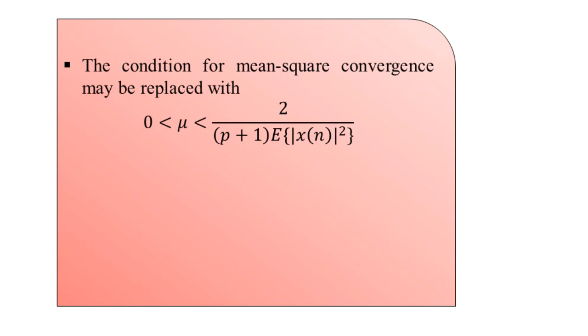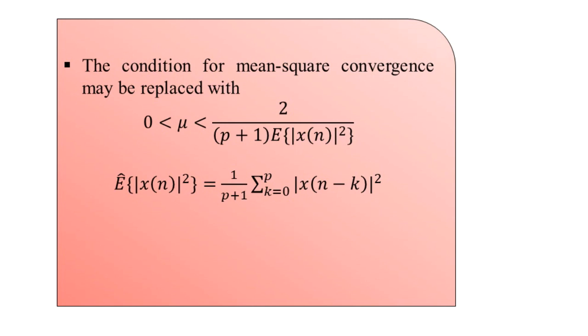Here the estimate of mod square of x of n is the power in the input discrete time random process x of n, and this power may be estimated using a time average, given by the estimate denoted with a cap over the capital E of mod square of x of n, equal to 1 upon p plus 1 multiplied by the summation k equal to 0 to small p of mod square of x of n minus k.